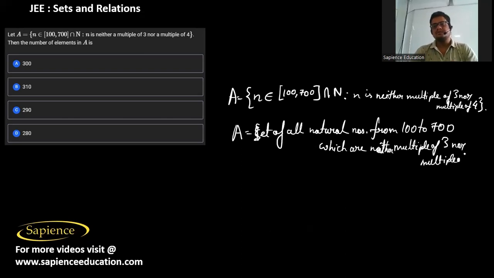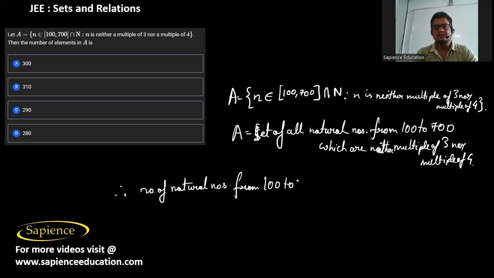Now the number of natural numbers from 100 to 700 will be equal to 700 minus 100 plus 1. Since 100 has to be included, this will be 601 elements.